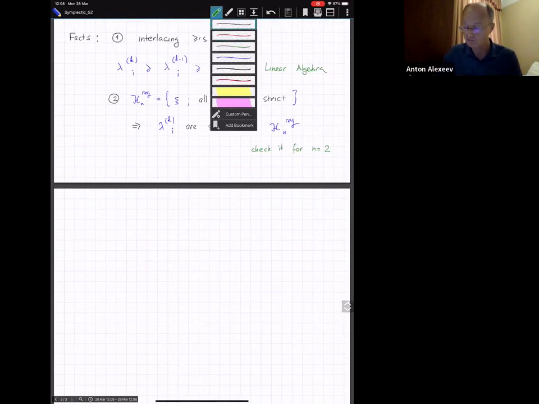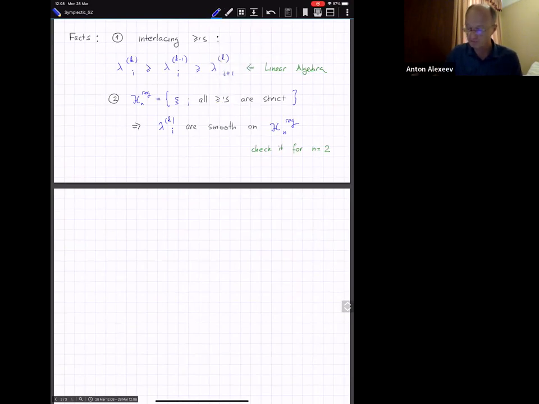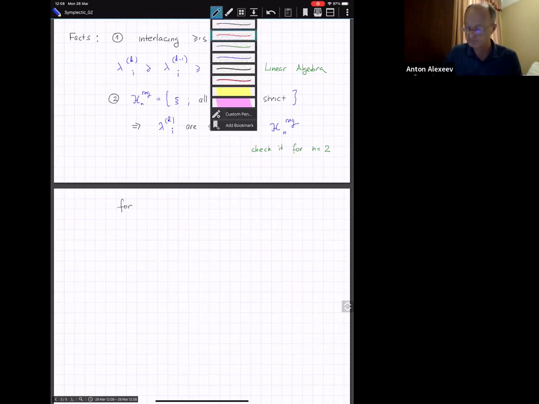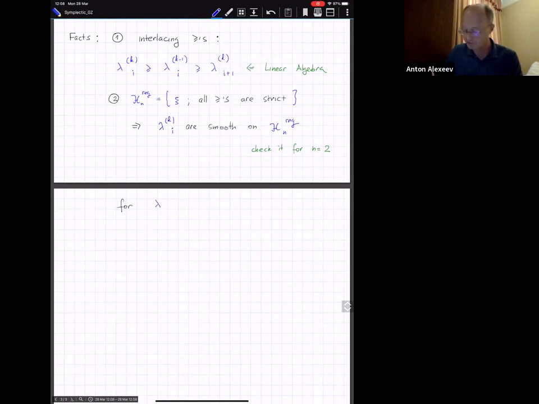And furthermore, assume that I've chosen lambda 1 strictly bigger than lambda 2 and so on, strictly bigger than lambda n. So I suppose I chose lambda 1, lambda 2, up to lambda n, distinct real numbers.